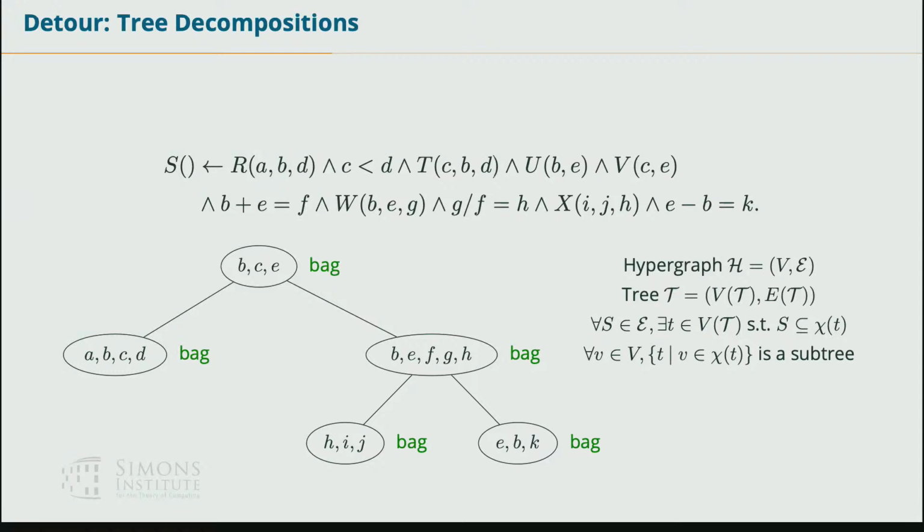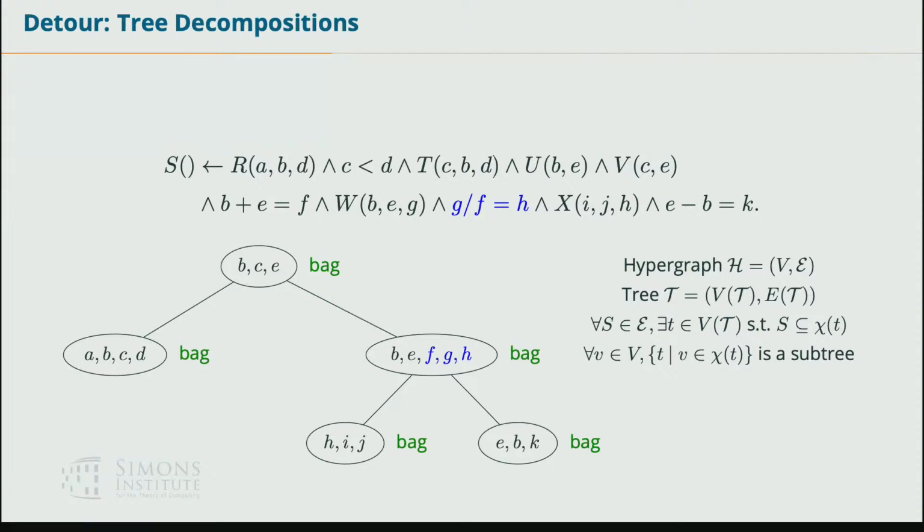and the following two conditions have to be satisfied. The first one is that if you look at the set of variables corresponding to one of the atoms in the body, like CBD, for example, then there has to be a bag that contains it. So this atom has to be contained in one of the bags. And the atom G, F, and H is contained in another bag right here, right?